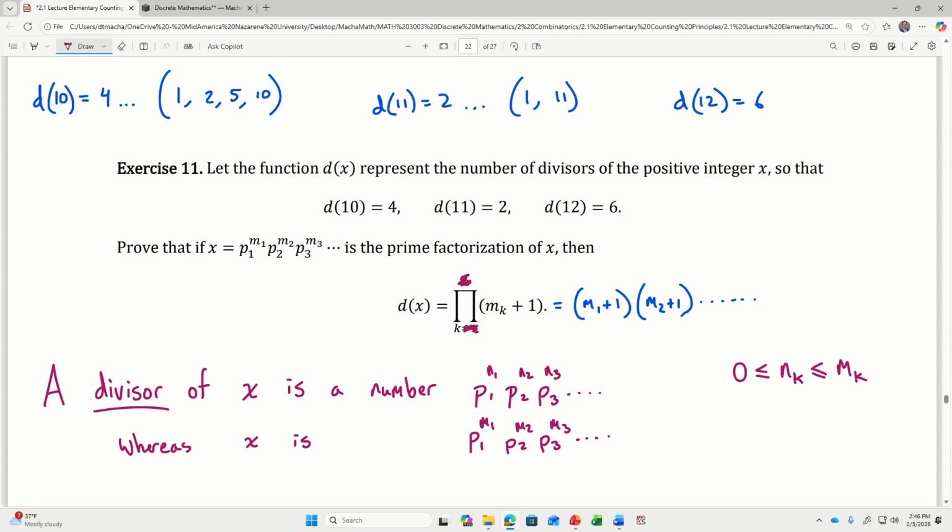So that's the idea: a divisor is going to be a number such that these powers of the primes are somewhere between 0 and whatever the power of the prime is in the prime factorization of x. Does that help you? Does that get your brain juices flowing a little bit?